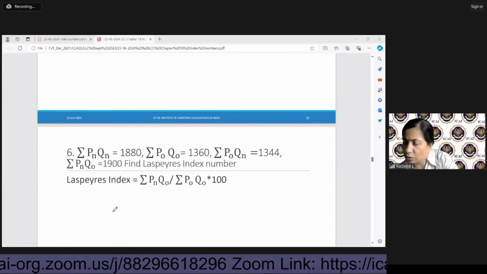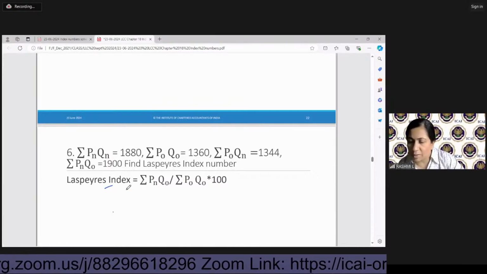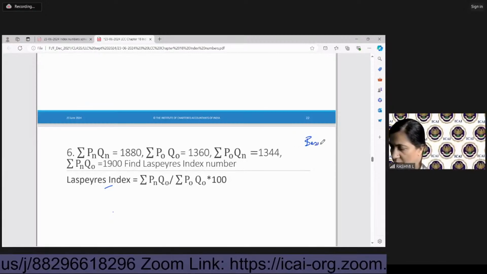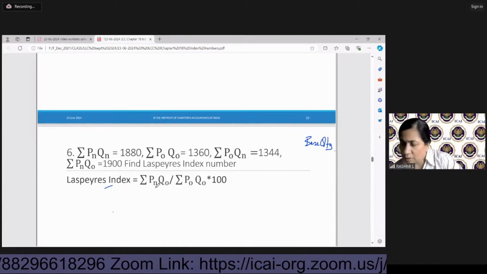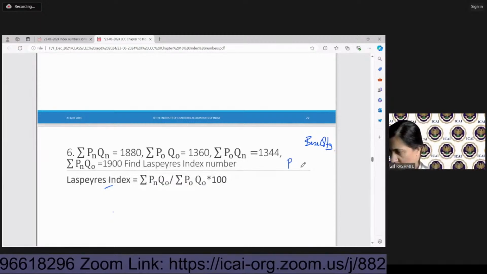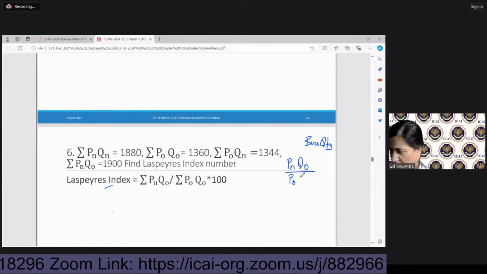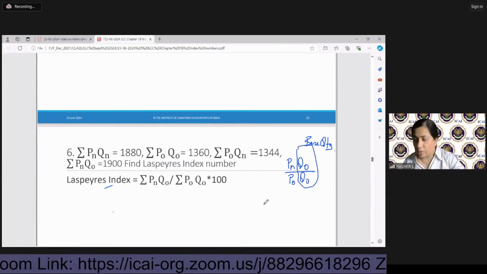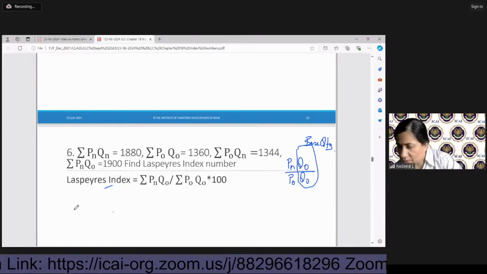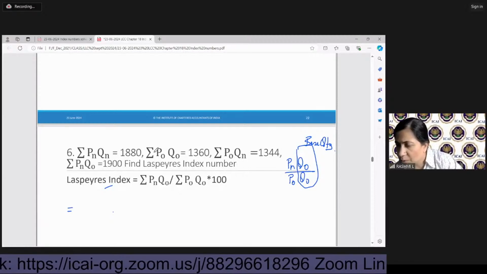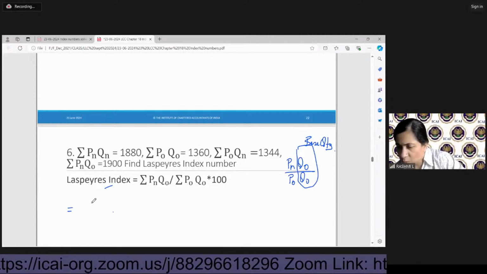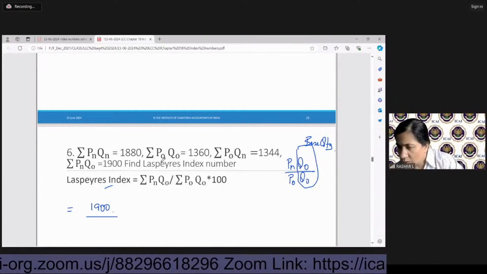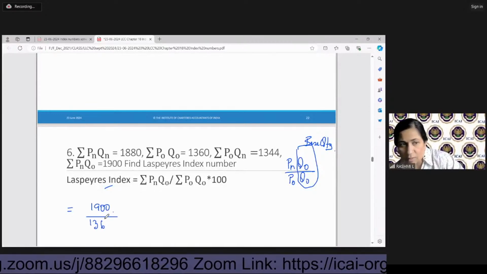So what now we are going to do is we are going to find last pair. So last pair is talking about what? We are using the base quantities as weights. So that is why you can see PnQ0 upon P0Q0. These base quantities are taken as the weights. So this is equal to summation PnQ0 is 1900 upon P0Q0 1360.